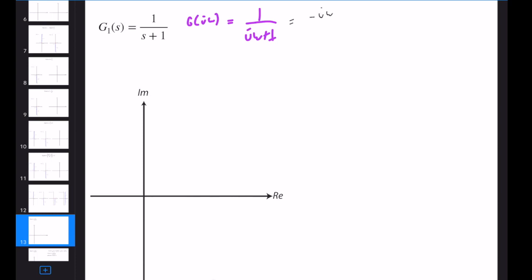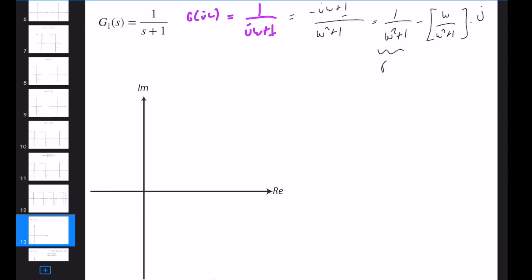If we multiply by the conjugate, minus j omega plus 1, we get over omega squared plus 1. Okay, in this case the real part will be 1 over omega squared plus 1, and minus omega over omega squared plus 1 times j is the imaginary part.